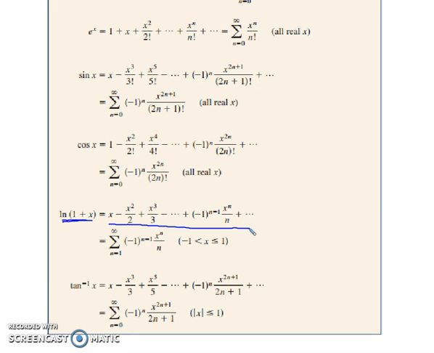And the more terms that you pull into the polynomial function, the more accurate that approximation is to the actual function natural log of 1 plus x. That's why the concept is that n is going to infinity. If I only use something like x minus x squared over 2, it's not going to be a very accurate representation of natural log of 1 plus x. But if I incorporate more and more terms, it will be a more accurate estimate.